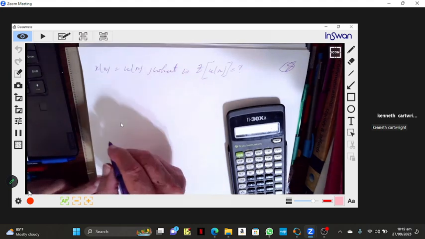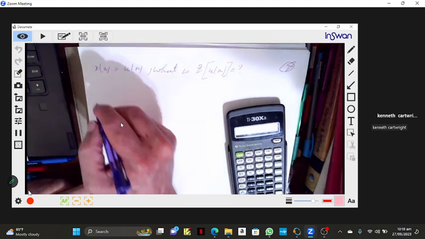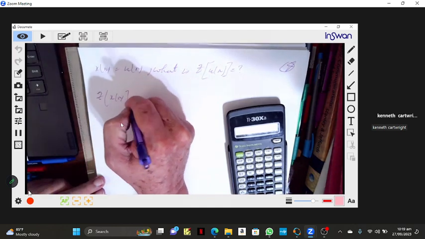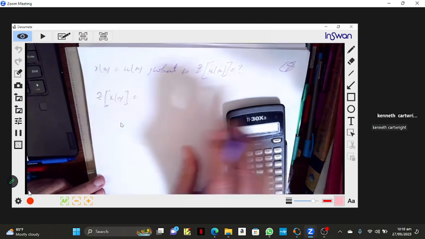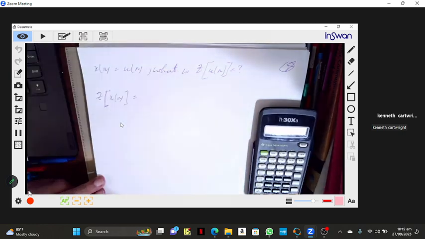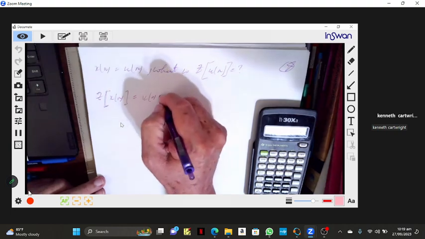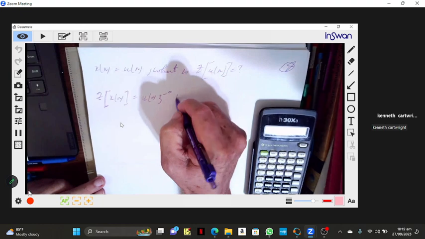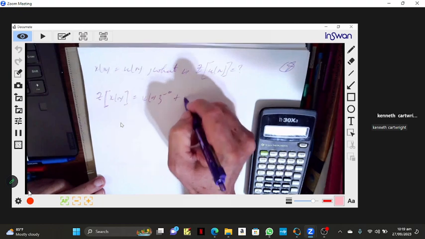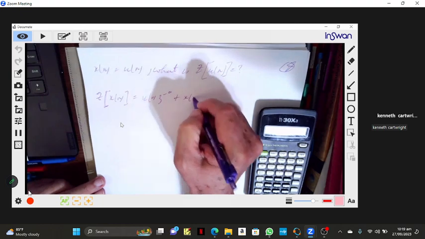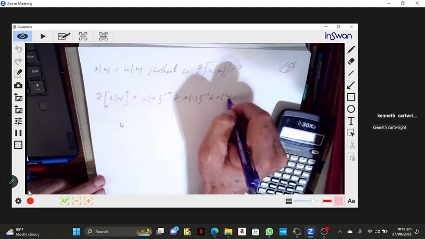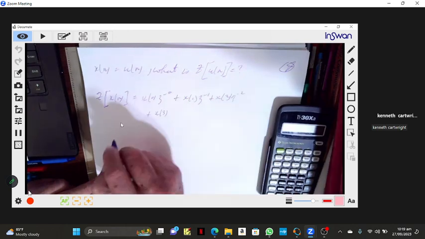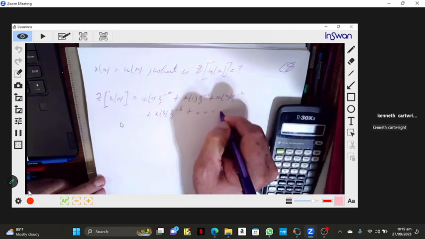So the z transform of x of n is by definition x of 0, z to negative 0, plus x of 1, z to negative 1, plus x of 2, z to negative 2, plus x of 3, z to negative 3, all the way up to infinity.